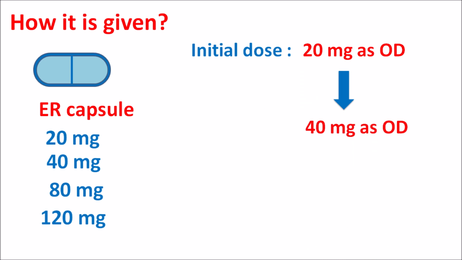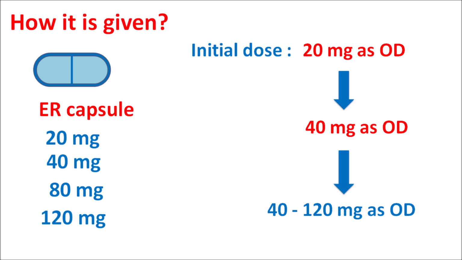And further increments can be done after 2 days of treatment, such that the dose is maintained between 40 to 120 mg, again given once daily. In this way, levomilnacipran should be started at a low dose and maintained between 40 to 120 mg.